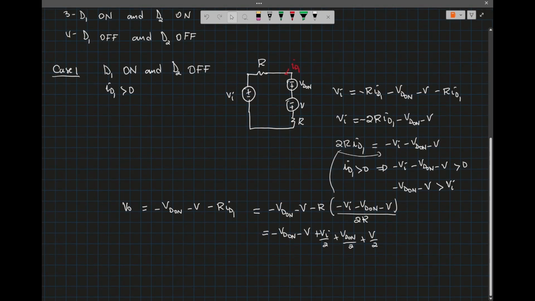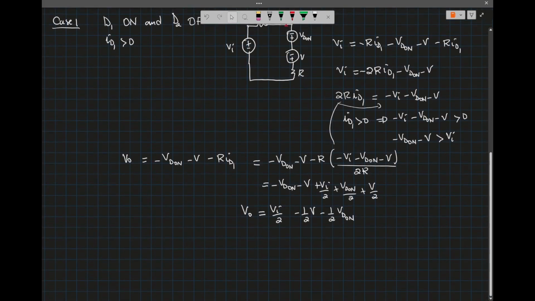Excuse me. So then that gives me VI over 2 minus half V and minus half VD on. That's V0. If there's no algebra error, let me double check.